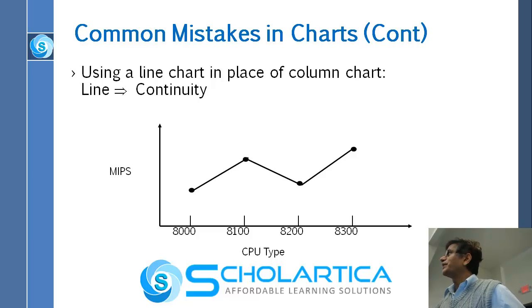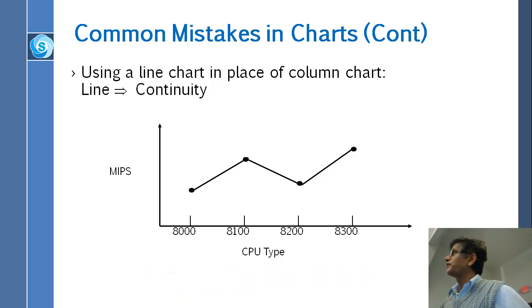So for qualitative variables, you cannot use a continuous chart like this, because this one says that 8000 has this performance and 8100 has this performance, and if you had 8050, which I don't know is there or not, you would have this performance, which is not true, right? So you really need only 4 points and not these lines which connect intermediate points which are not there. So this line should not be there.